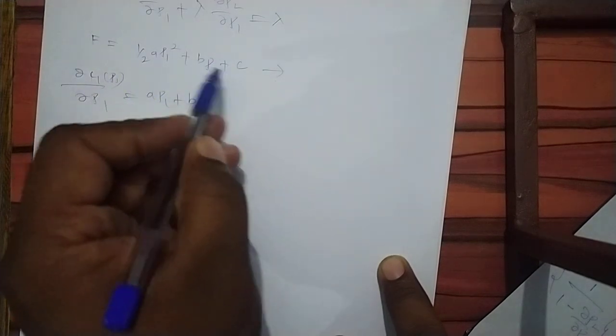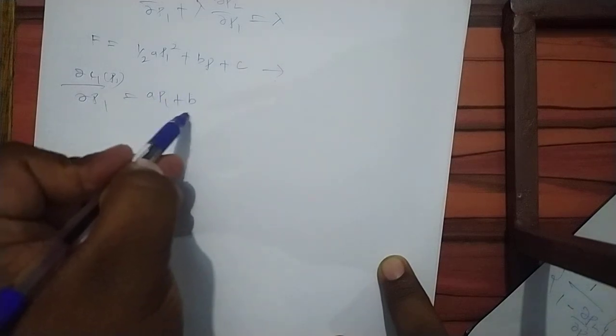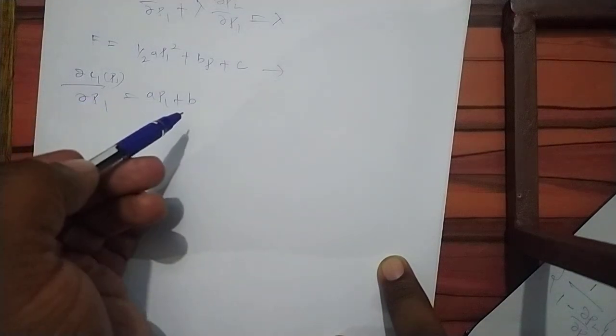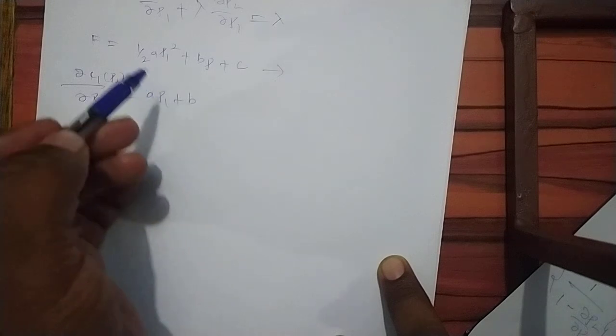The differentiation of bP with respect to P is b, and the differentiation of c with respect to P1 is 0, since it is treated as a constant. So it is a P1 plus b.